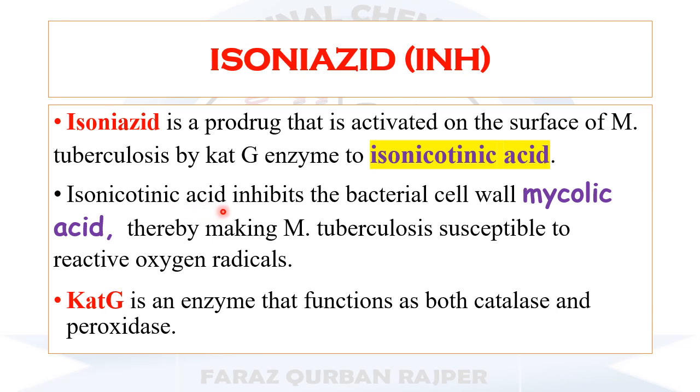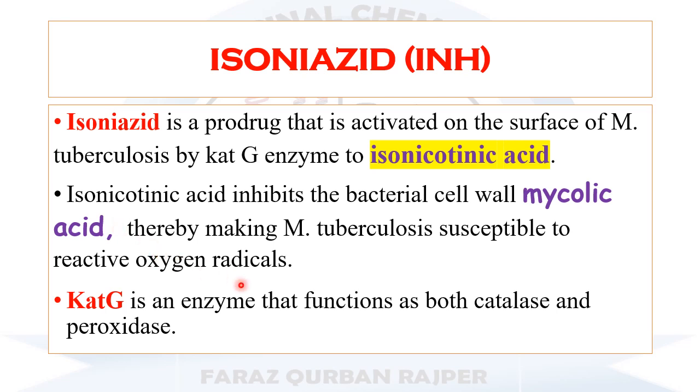How? Because it inhibits the synthesis of the bacterial cell wall, that is the synthesis of the mycobacterial cell wall, where it will inhibit the synthesis of mycolic acid. We know that mycolic acid is one of the important fatty acid molecules present in the mycobacterial cell wall.